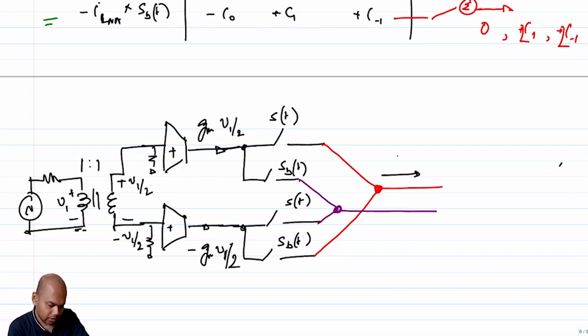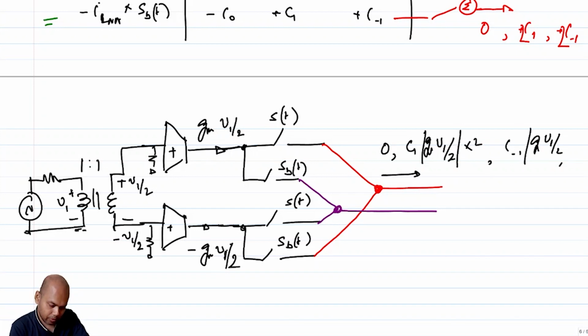So the current that you are going to see in these wires will have the components of, so the C0 will not be there, then you are going to have C1 times Gm times V1 by 2, the amplitude of that, and here times 2, sorry, times 2, and the other component will have C minus 1 Gm times V1 by 2 times 2, and obviously you are going to have other terms, right?